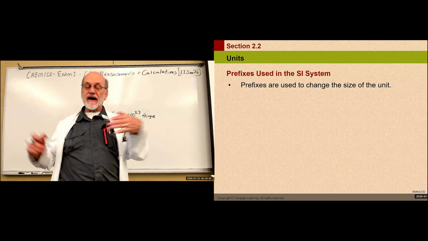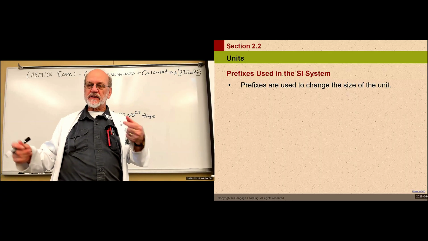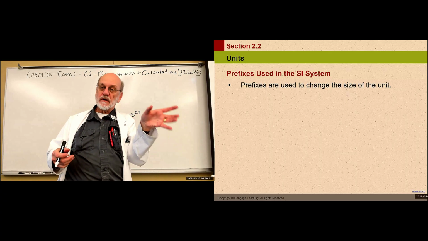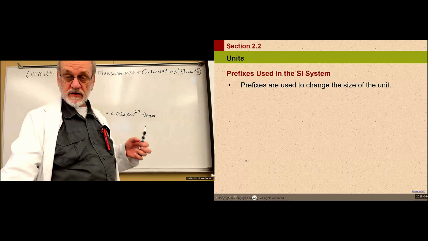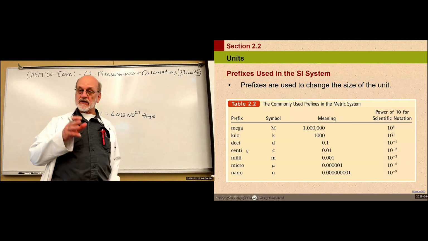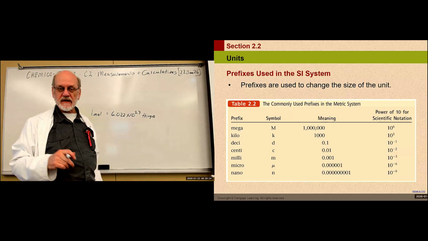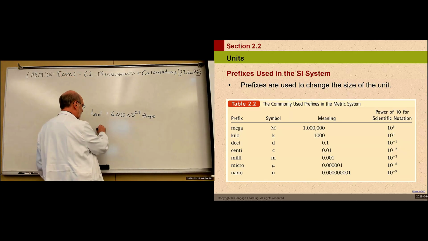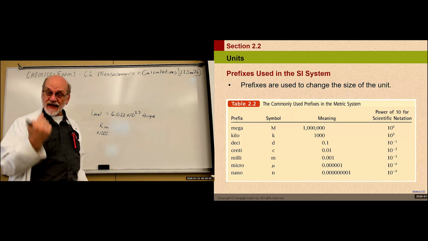So we can modify the meter with a prefix that makes the number that we measure more manageable. It just simply changes the size of the unit. And if I were doing that measurement from Beckley to Charleston, I would probably pick the kilo, the K. That's times 1,000. So a kilometer is 1,000 meters. Now that's my unit.